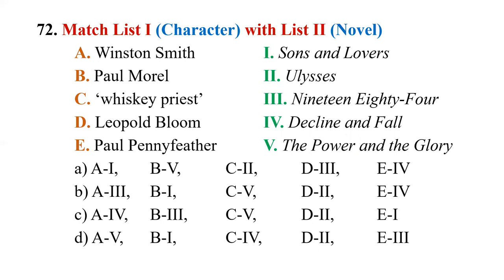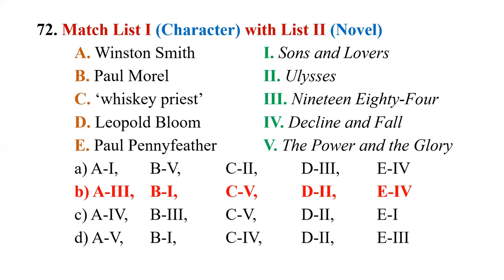So we can eliminate option A and C, right? So we eliminated 2. Then if you know Winston Smith is a famous character in George Orwell's novel 1984, then A3. Then you can eliminate the other option, you can find out the answer. So answer is B.